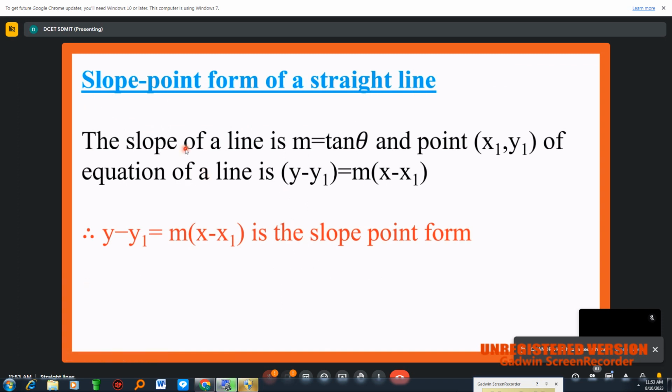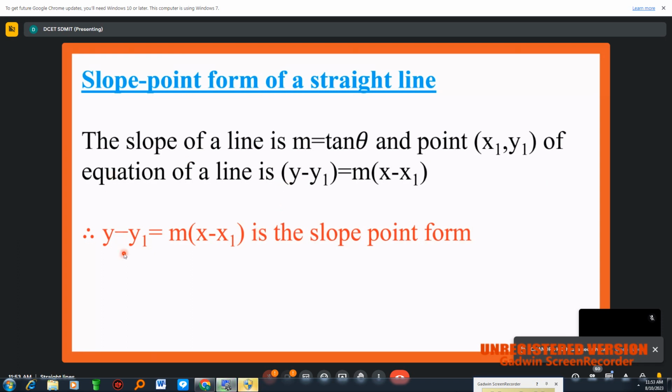So next topic it is slope point form of a straight line. So in the previous we studied about the slope and intercept. Now it is slope and point. So now slope of the line, it is denoted by the symbol m, and the point we are taking it as x1 and y1. And x and y, it is the general point on the straight line.